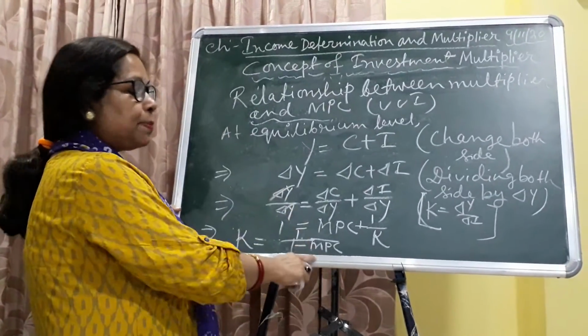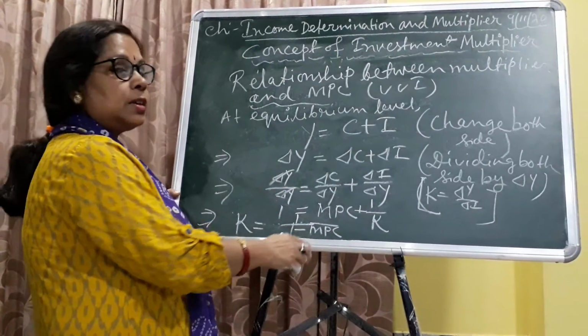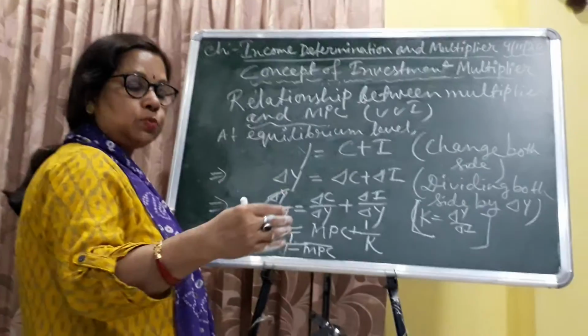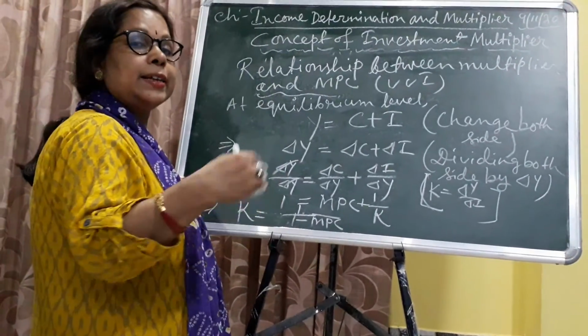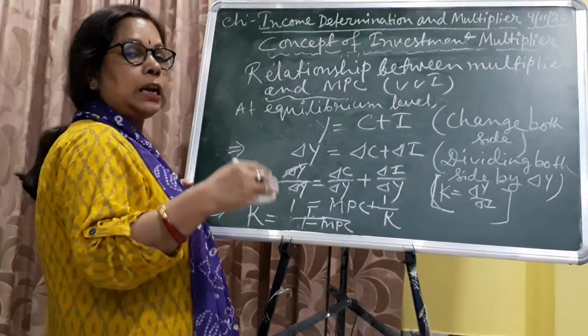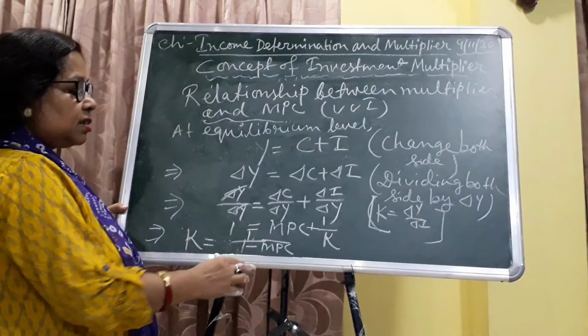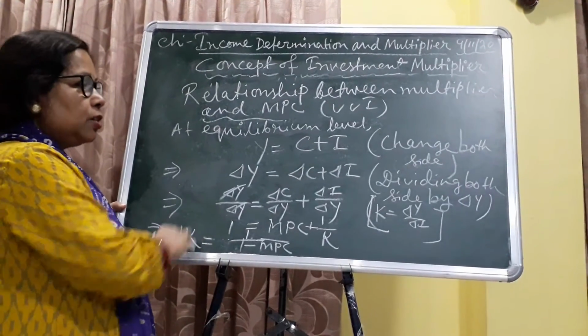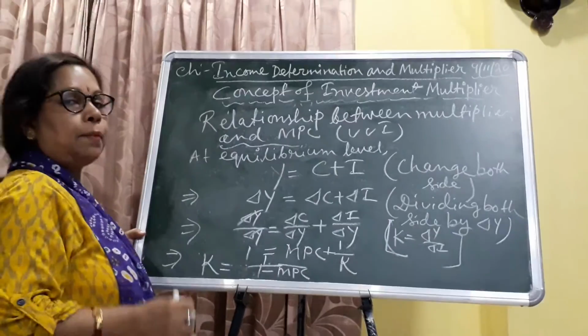When the value of MPC decreases, the value of K also decreases. MPC means marginal propensity to consume. This means that when households increase consumption, then the multiplier will increase. So there is a direct relationship of MPC and K. So this is the relationship between MPC and multiplier.